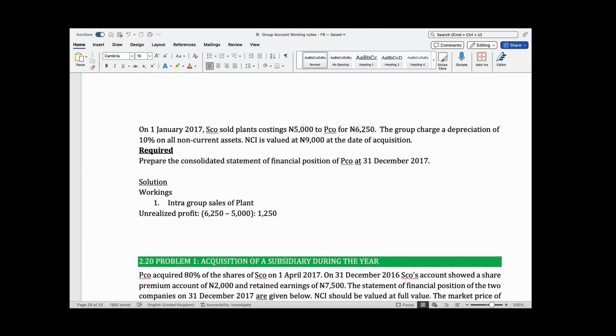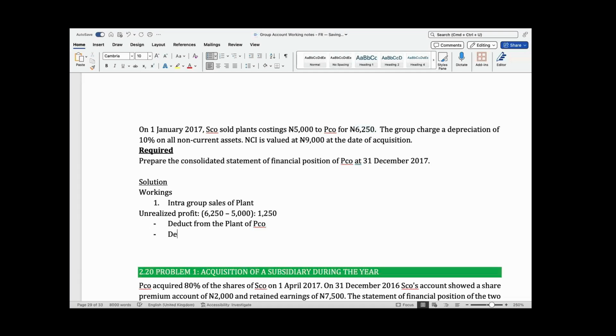This profit, we're going to deduct it from the plant of PICO. So PICO is carrying the plant in its books at 6,250. We need to remove that profit element. They can't make profit from themselves, so we'll remove it.